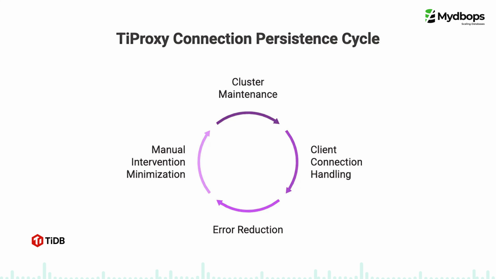Without TiProxy, all the applications connected to that server would have received error messages and lost their connections. That would be bad. But because we had TiProxy in place, it automatically detected that failure and rerouted all of those connections to the other healthy servers. Nice. So the applications experienced a brief pause, but they reconnected almost instantly. And most importantly, no data was lost. So it was just a tiny blip.